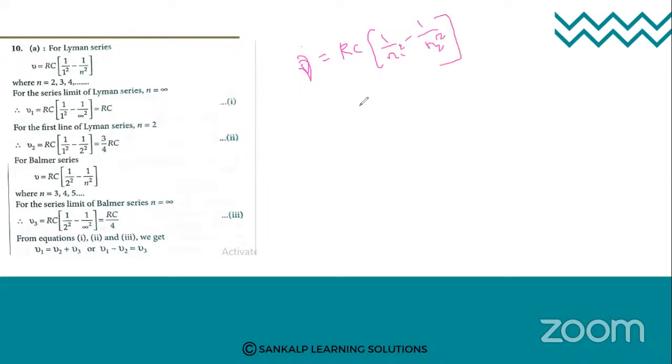N1 will be 1 for the Lyman series, and N2 will be starting from 2.